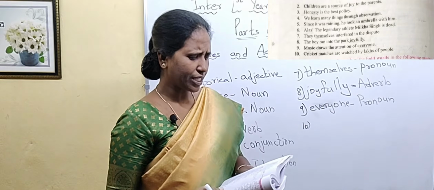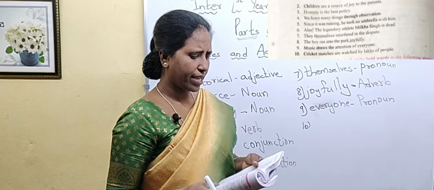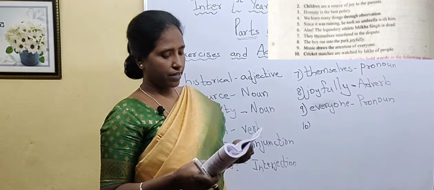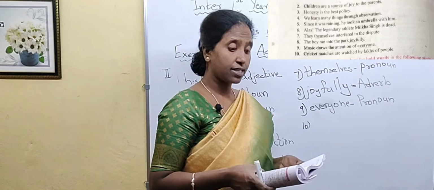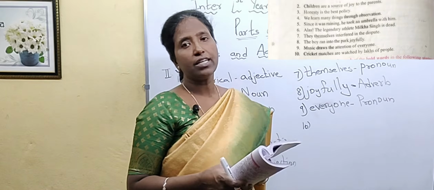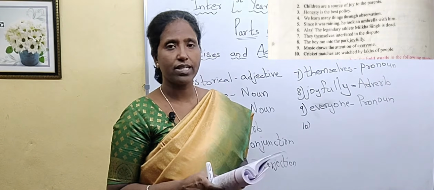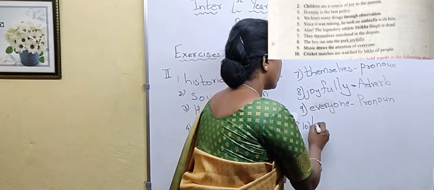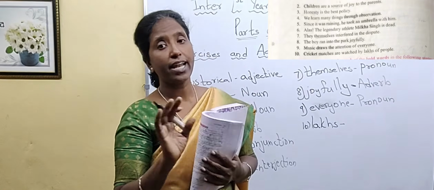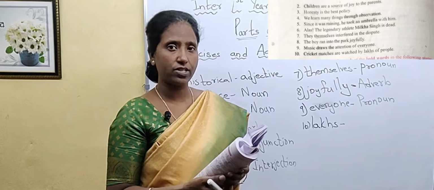Then, cricket matches are watched by lakhs of people. Here there is a confusion: is lakhs a noun or an adjective? Actually, lakhs is a noun only. If I say 10 lakh people, then it is an adjective.